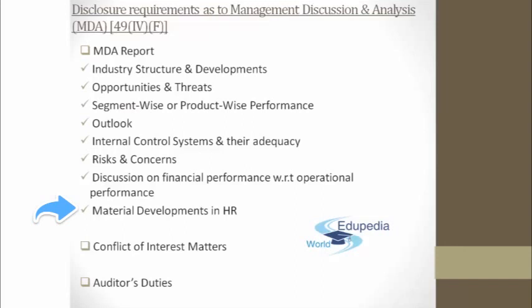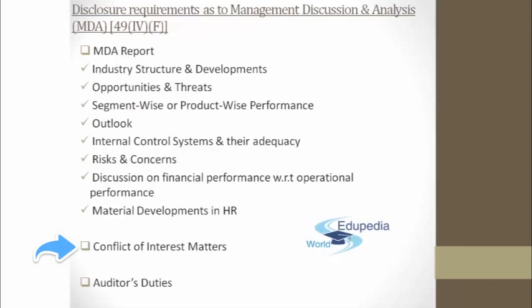This is number one. Apart from this, there will be another point relating to conflict of interest matters. So senior management shall make disclosures to the board. What? Relating to all the kinds of material, financial and commercial transactions that they are doing, where they have any kind of personal interest that may have a potential conflict with the interest of the company at large.